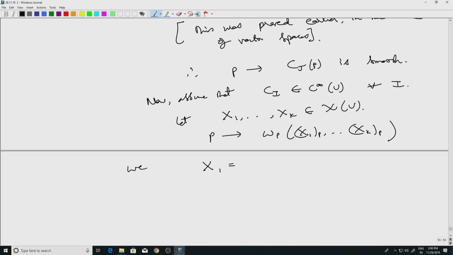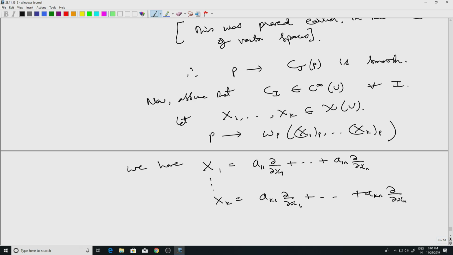We have X1 equals a11 del by del x1 plus ... a1n del by del xn, etc. Xk equals ak1 del by del x1 plus ... akn del by del xn, and we know that the smoothness of these Xi's amounts to the smoothness of these functions aij.